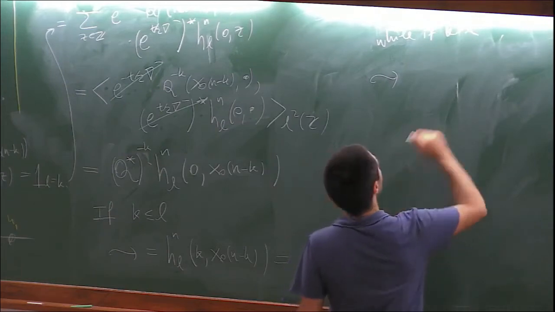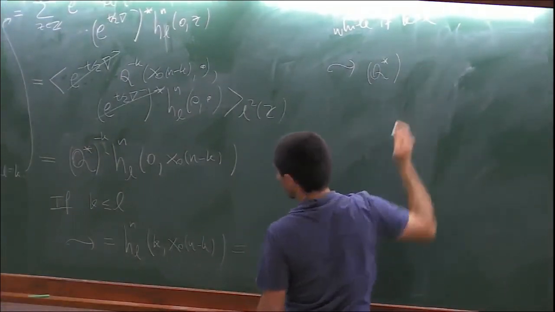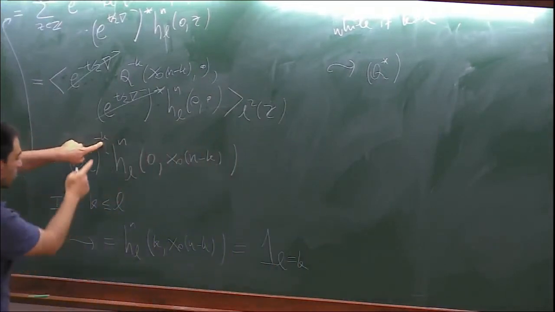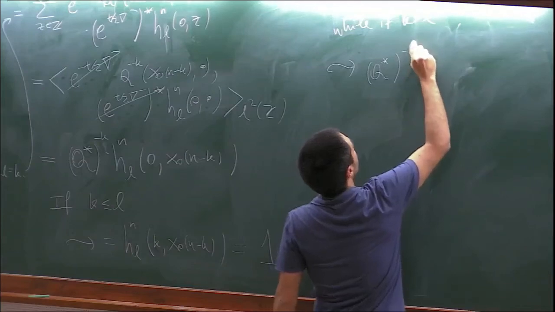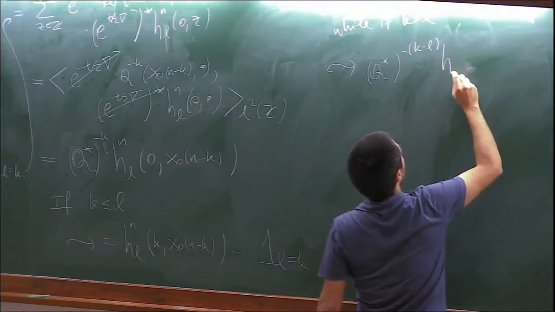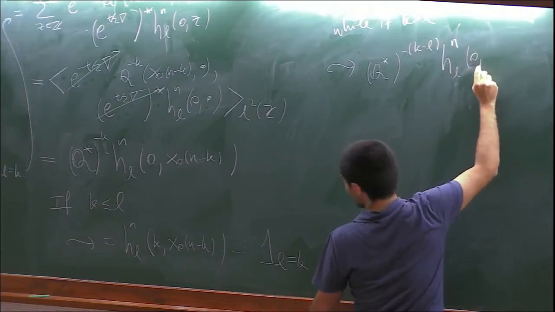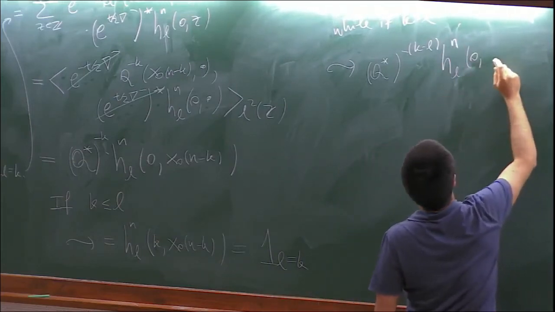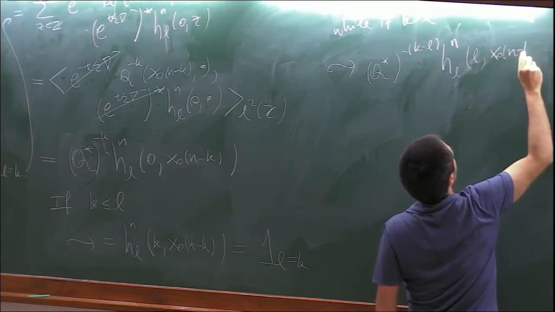So I have q star to the, okay, so I had minus k, but I can only apply it L times. So I'm going to be left with minus k minus L. So this is the number of times I could not apply it. And then I get h n L 0, not 0, L x0 n minus k.